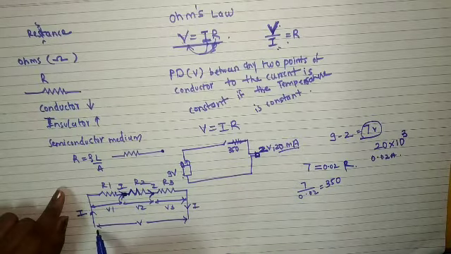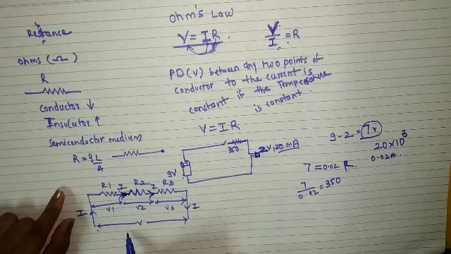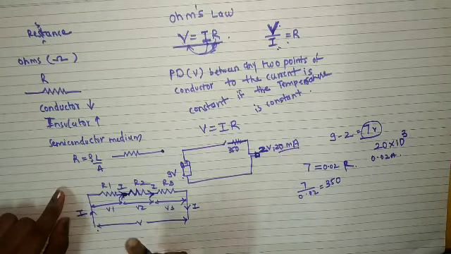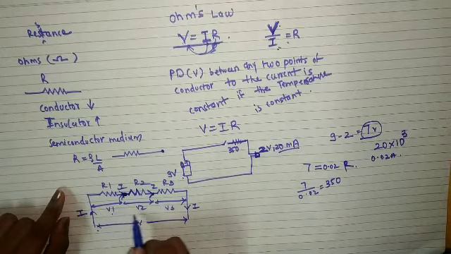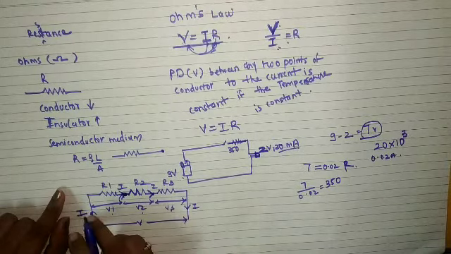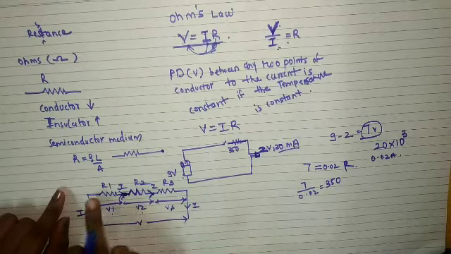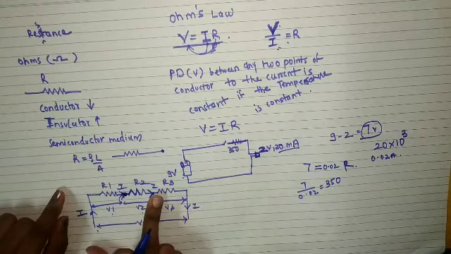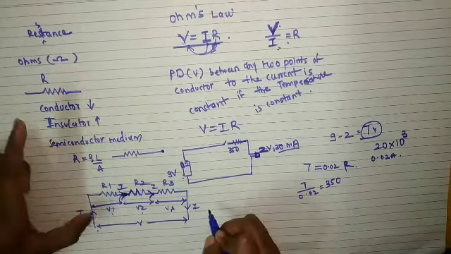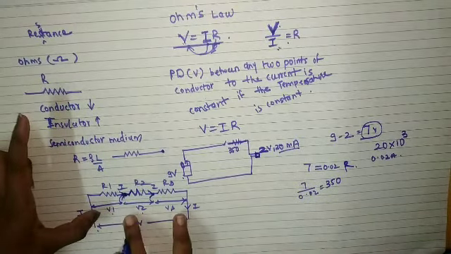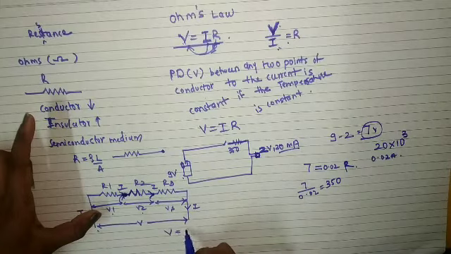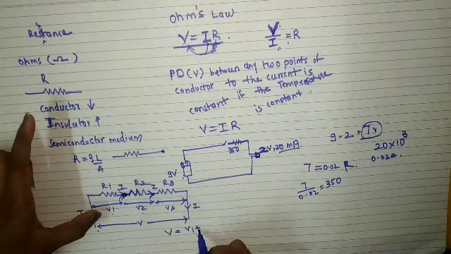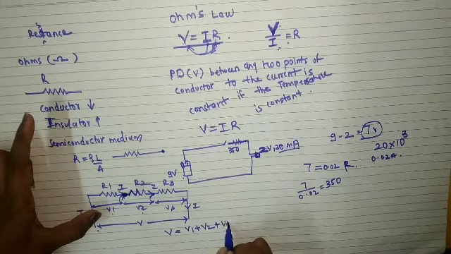The applied voltage is divided across the resistances. So voltage gets divided in a series connection. V1, V2, V3 are divided between these resistances. So the total voltage will be V is equal to V1 plus V2 plus V3.